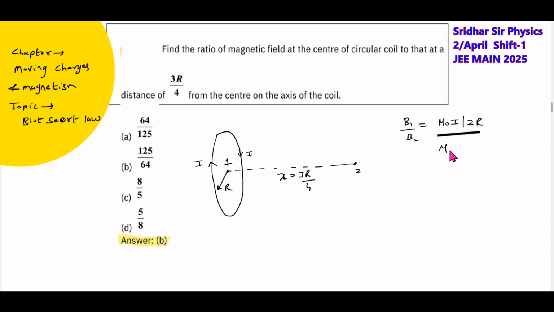What is the magnetic field at a distance x on the axis? It will be mu naught I r square by 2 into x square plus r square to the power of 3 by 2. This is our basic formula. Mu naught I will cancel out.